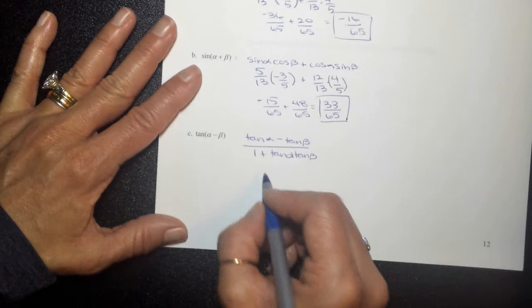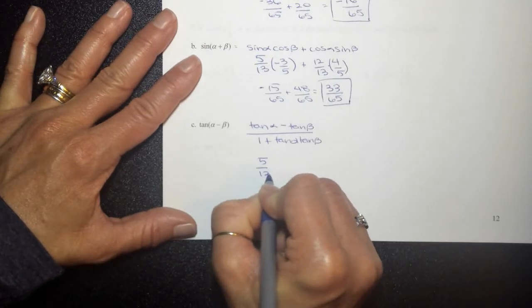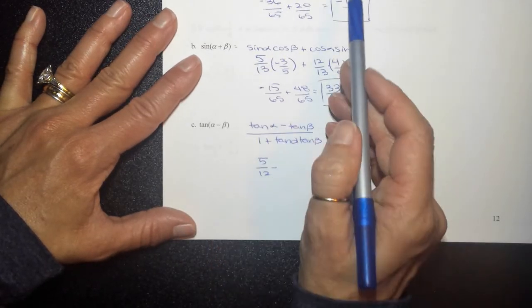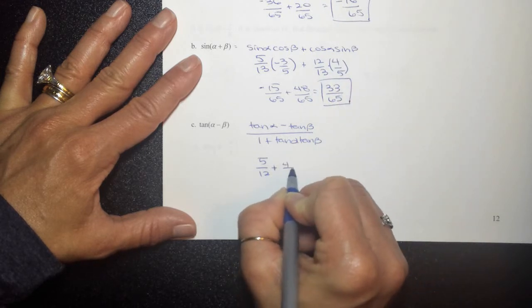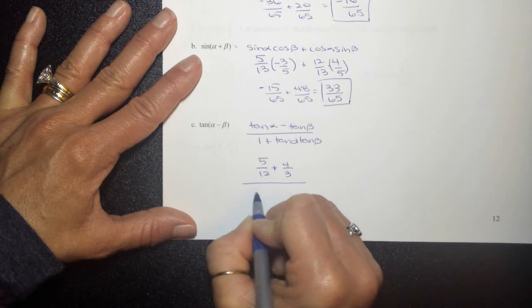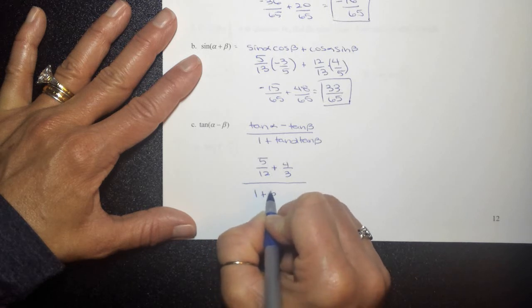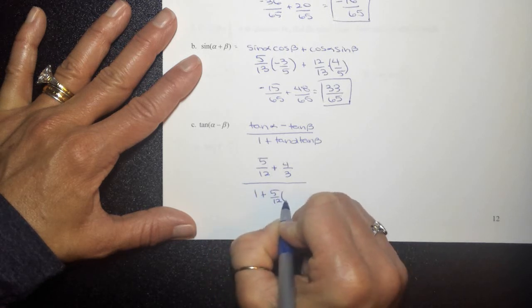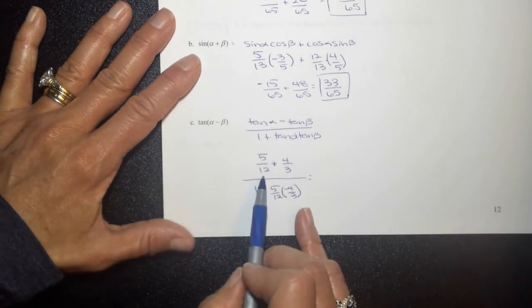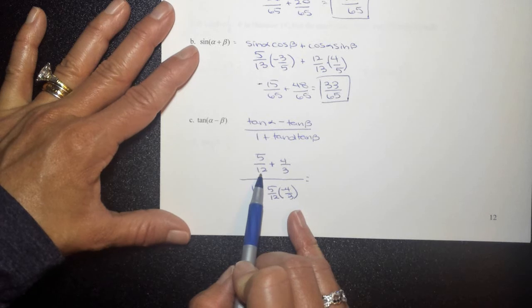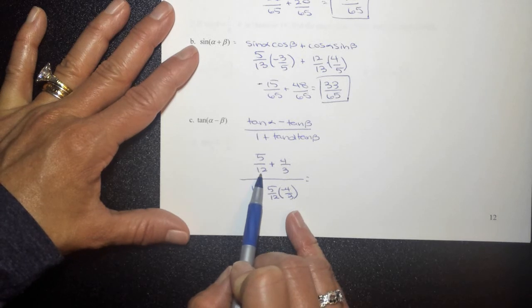So the tangent of alpha from my t-chart is 5 over 12 minus the tangent of beta, which is actually negative, so we're adding 4/3, divided by 1 plus the product of the two, so this will be 5/12 times negative 4/3. So if I simplify this, I'd have to get a common denominator, which my common denominator here would be 12.